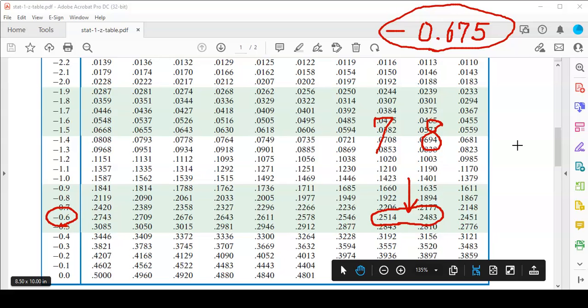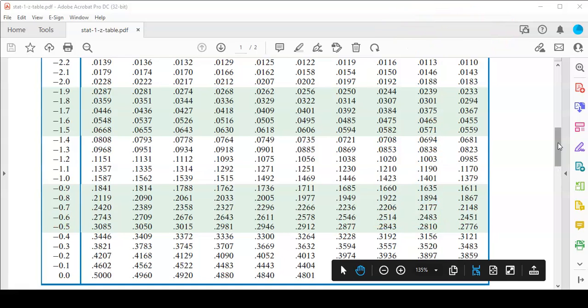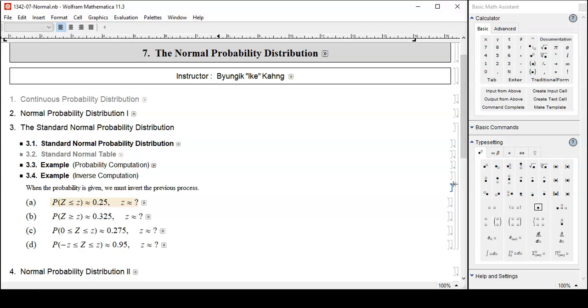Of course, this is a rough estimation, and you can use anything in between 0.67 and 0.68. I just estimated negative 0.675. Let's check. Let's go back to my notebook and check.